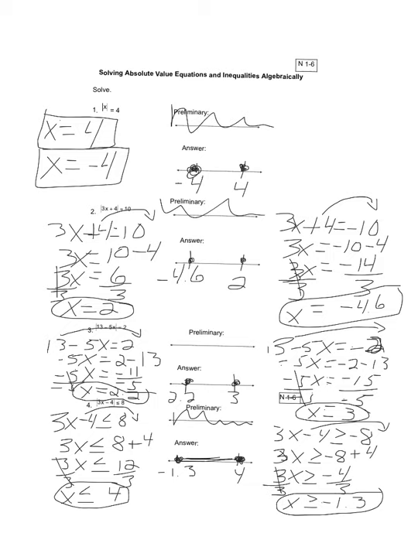So that means my final answer, the x has to be in the middle. So we're going to rewrite these two guys and squish them together. And here's how we do it. Put your x down. Put your furthest left, which was negative 1.3, down. And put your 4 down.